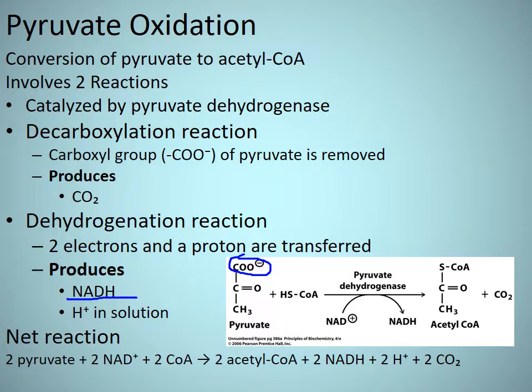So the net reaction of pyruvate oxidation: we see 2 pyruvate, 2 NAD+, 2 coenzyme A's. As a result, the products are 2 acetyl coenzyme A's, 2 NADHs, 2 hydrogen ions in solution, and 2 carbon dioxide molecules. Now, remember the overall reaction of cellular respiration: the product is 6 carbon dioxide. Here we see 2 of them form.